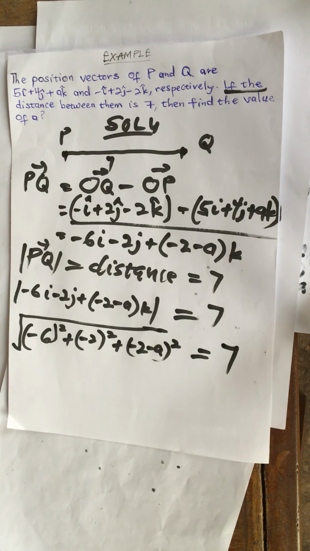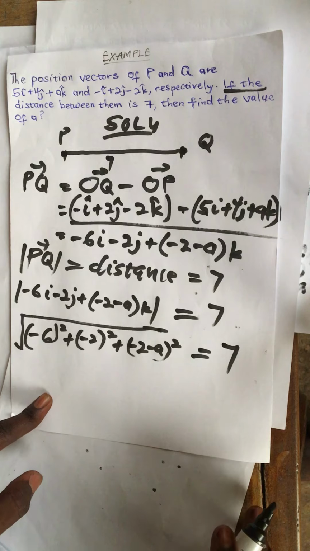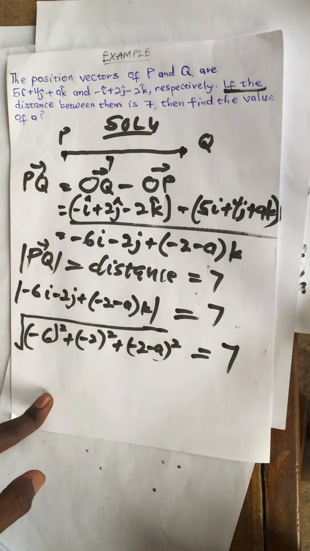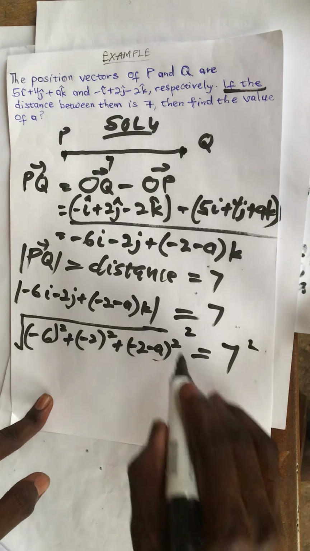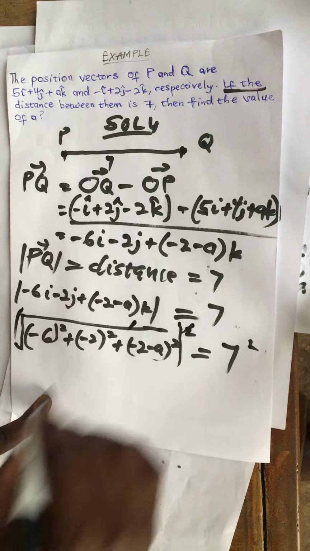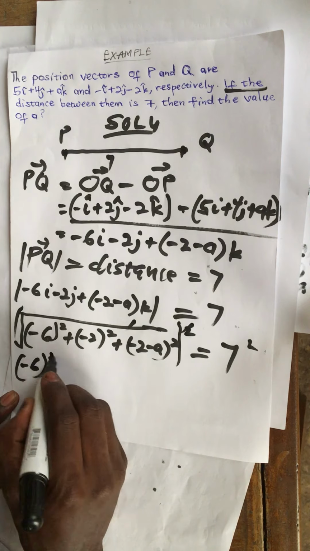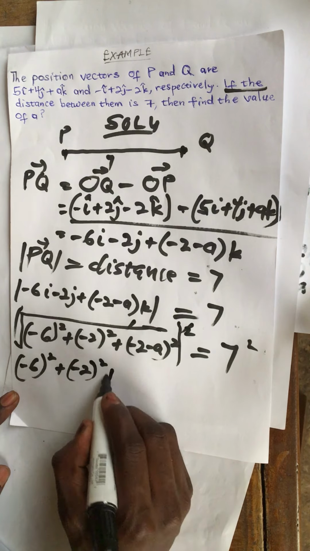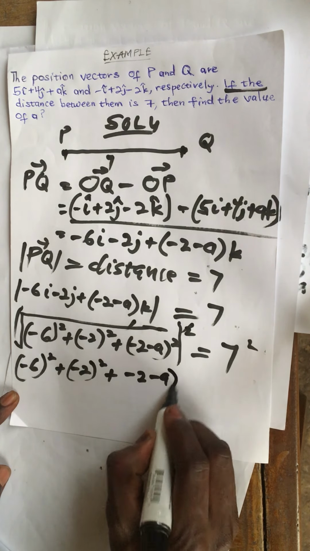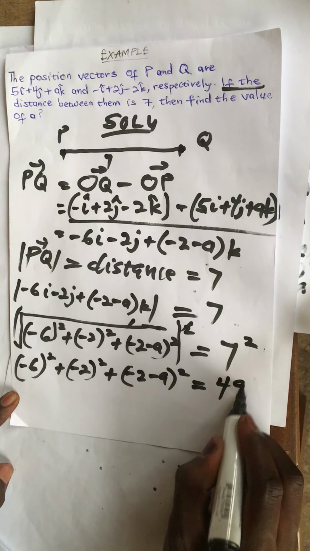So what are we going to do? Because of the root, we square both sides, that is, raise to an exponent of 2. This will cancel the root and give us (-6)² + (-2)² + (-2 - a)² must be equal to 7 squared, which is 49.